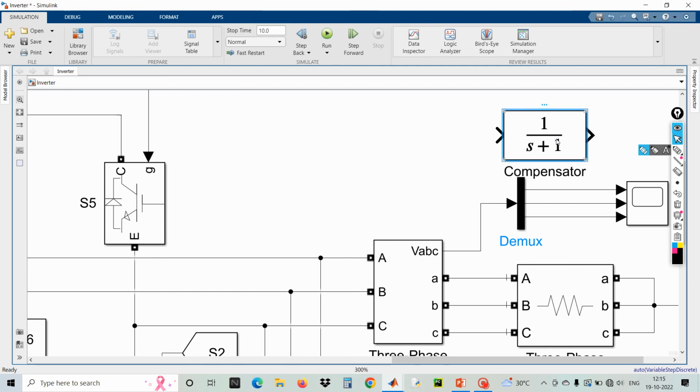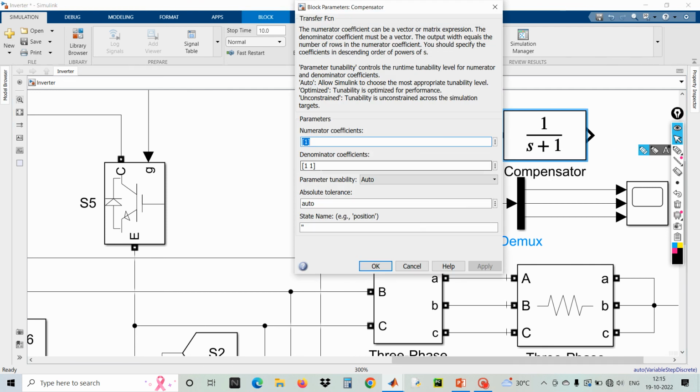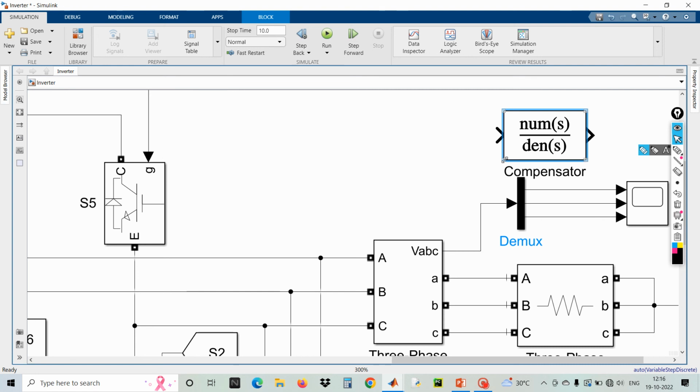So I'm going to fix 1 divided by 0.01 s plus 1.